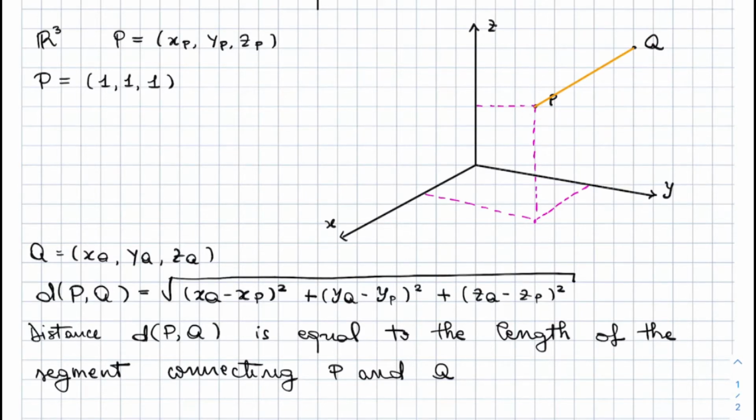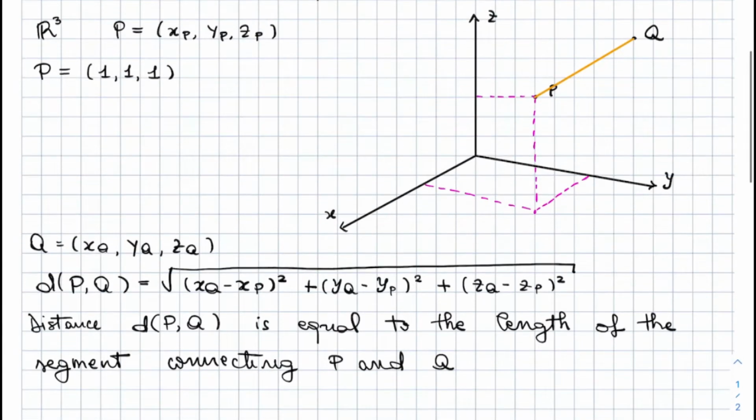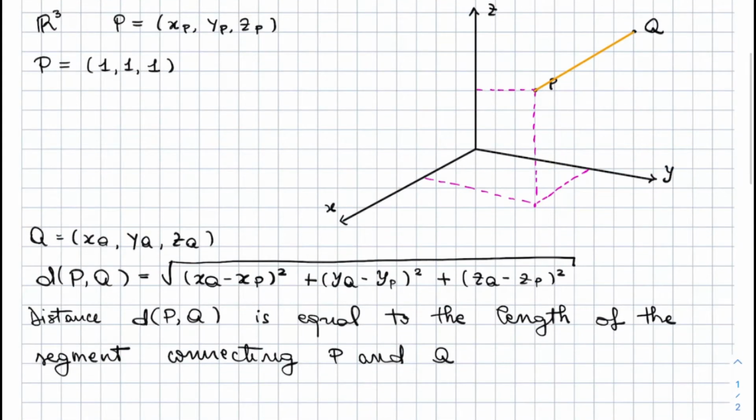Let's do an example. So we take P as before, 1, 1, 1, and we consider Q equal to 2, 3, 4.